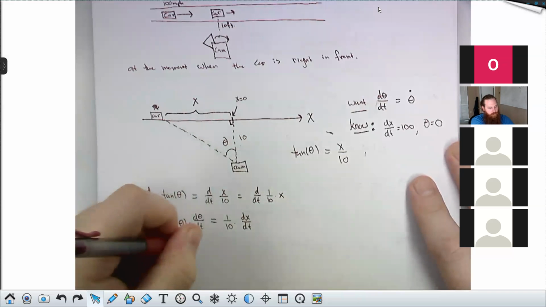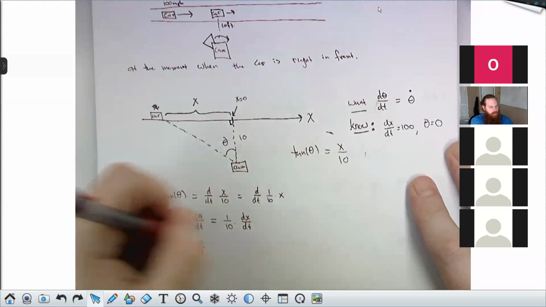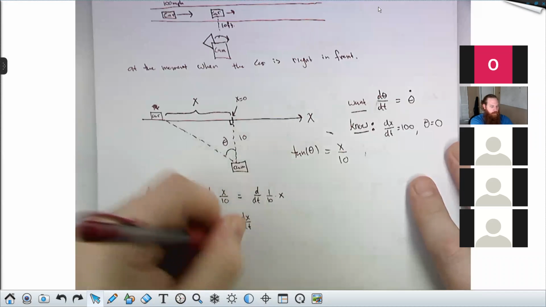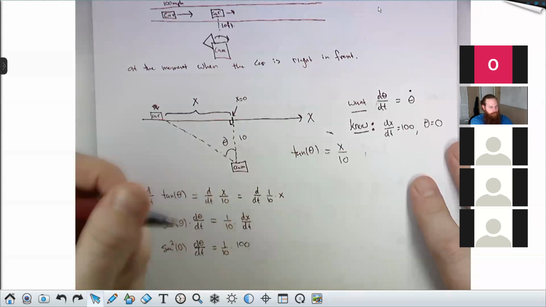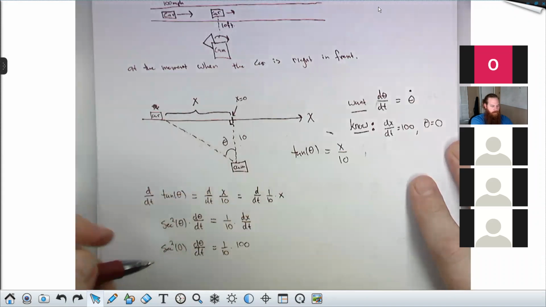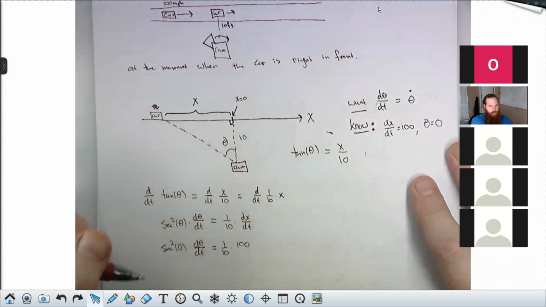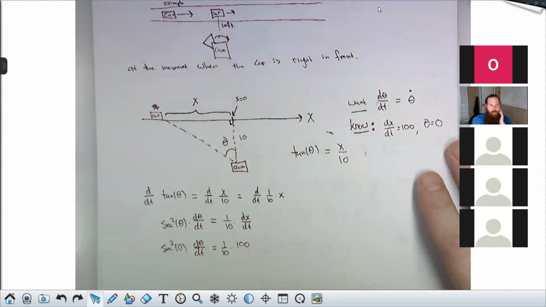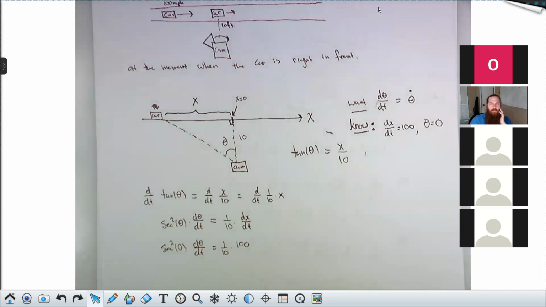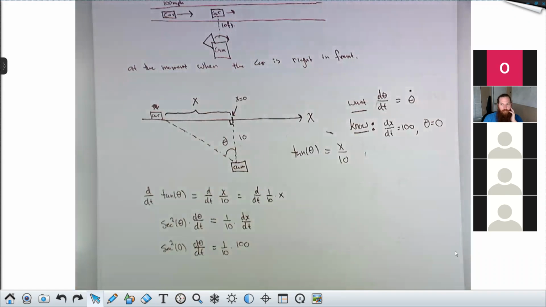Secant squared of 0 times d theta dt is 1/10 times dx dt, which is 100. What is secant squared of 0? What is secant of 0? One.